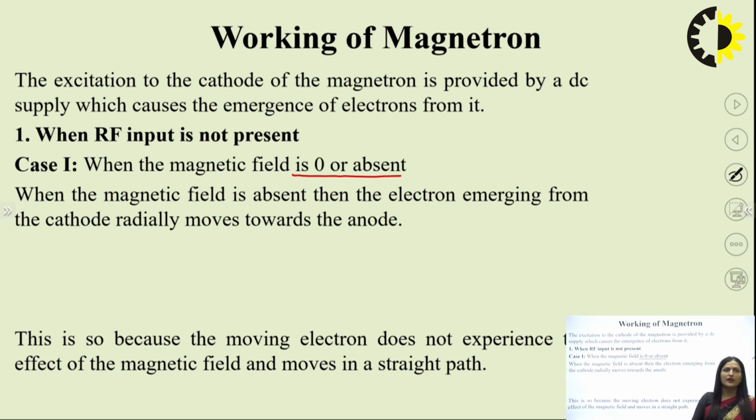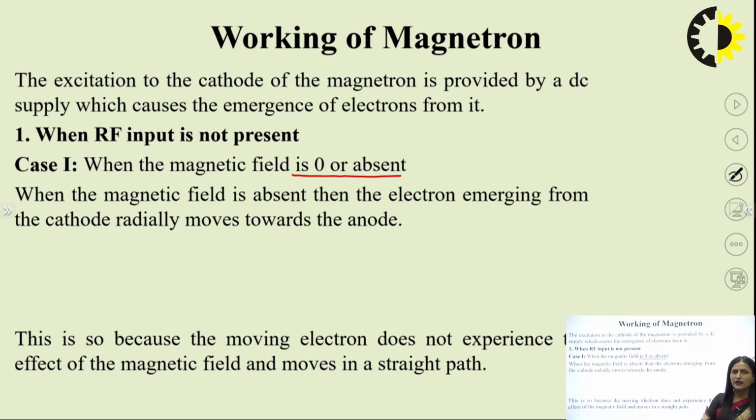If there is no magnetic field, what will happen? When the magnetic field is absent, the electron emerging from the cathode readily moves toward the anode. It means it will go straightaway from cathode to anode. The path of the electron is not affected by any field because you are not giving RF input and there is an absence of magnetic field.